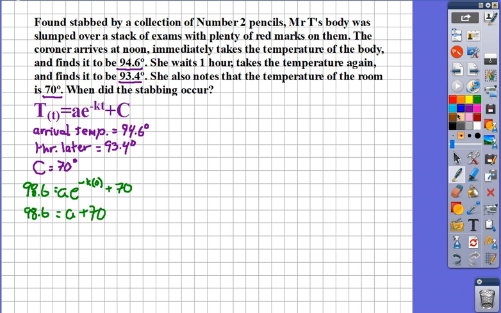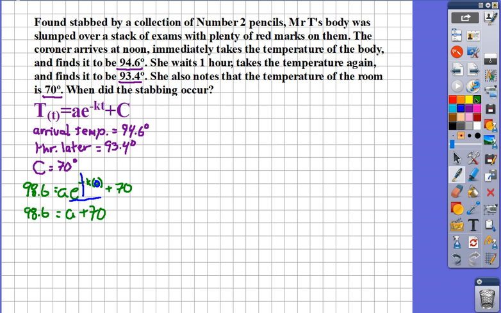How was I able to just eliminate all of this right now? Well, the key is the 0. Remember, at time 0, we use a 0, so 0 times negative k is 0. That's nothing. And any number, even e to the 0 power, always equals 1. So this is a times 1, which is just a.